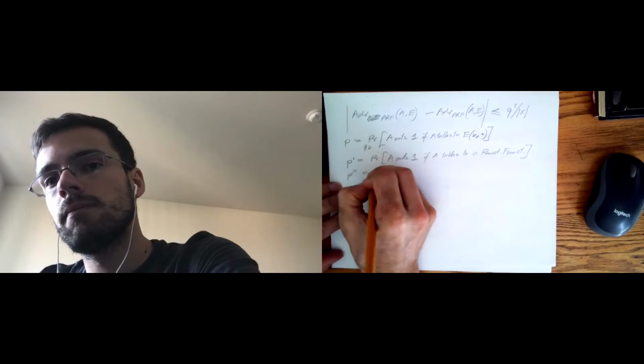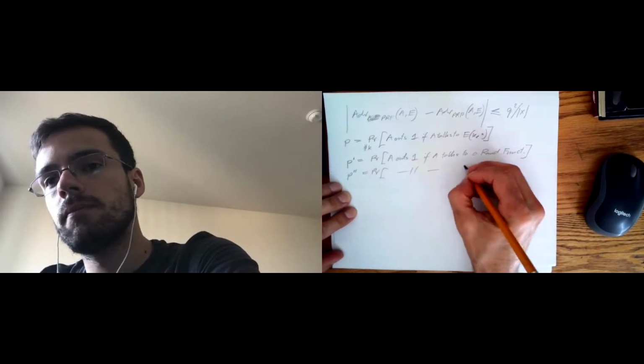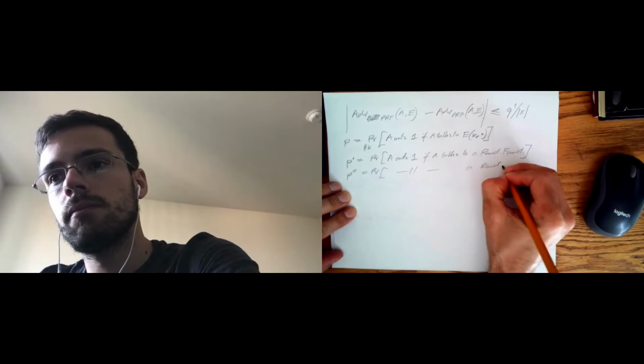And p double prime the probability that A outputs 1 if it talks to a random permutation.